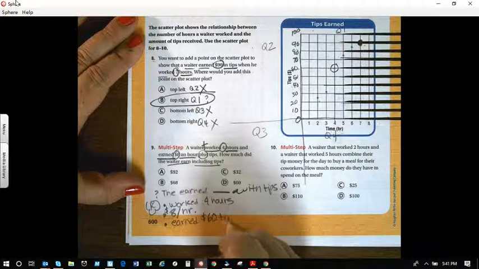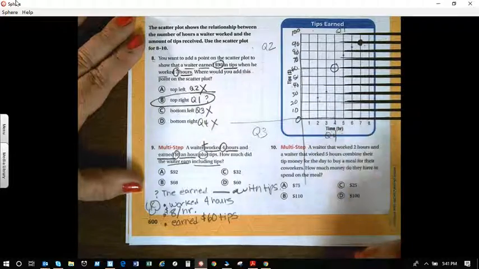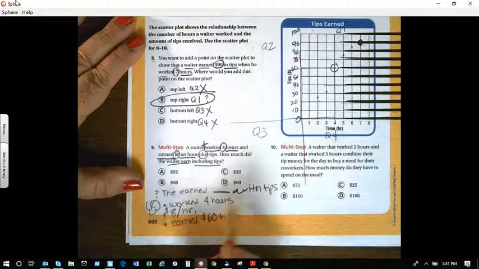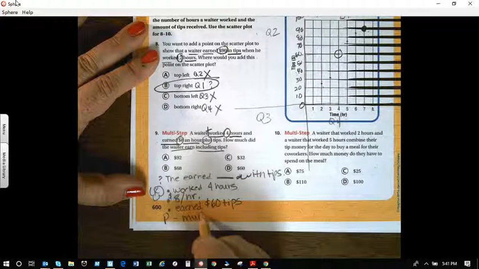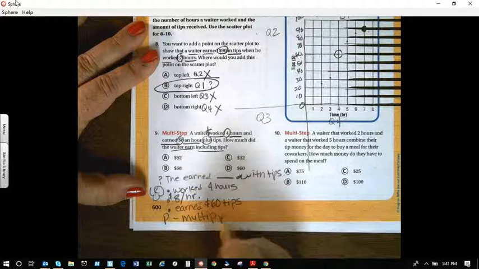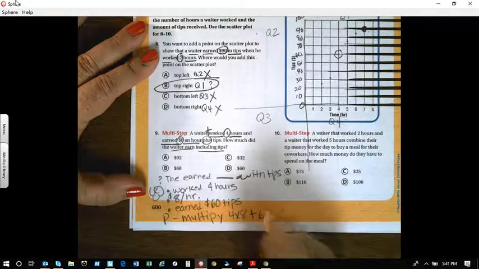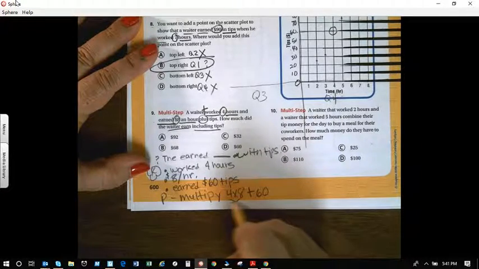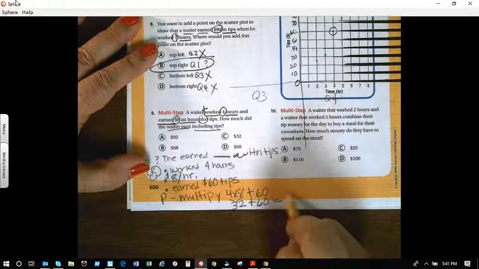Okay, so it tells me right there. All I had to do was use my chart. Now, what's my plan? I need to multiply 4 times 8 plus 60. All right, and there we go. What is 4 times 8? 32 plus 60 equals, so this waiter earned $92.